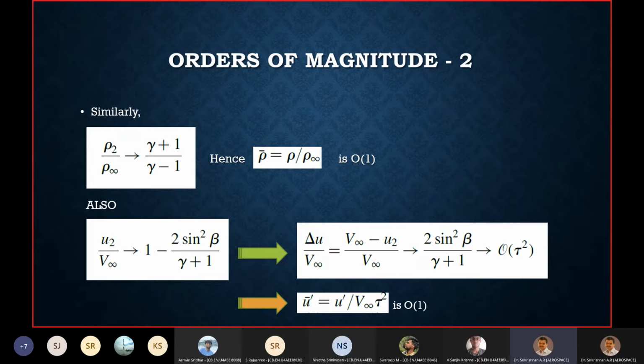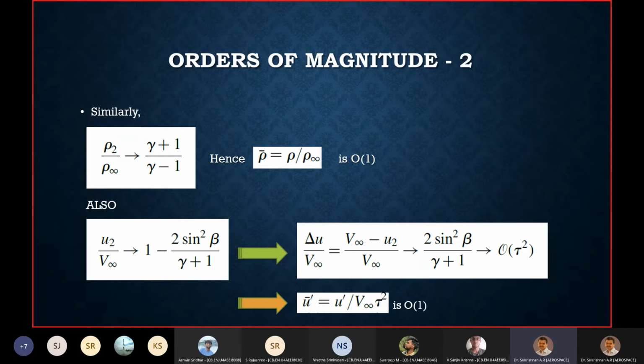And eventually we have seen that u prime dash, the non-dimensionalized velocity perturbation, can be described as u dash by V infinity into tau squared. V infinity is a high value, but tau squared is a very low value. u dash is a very low value.